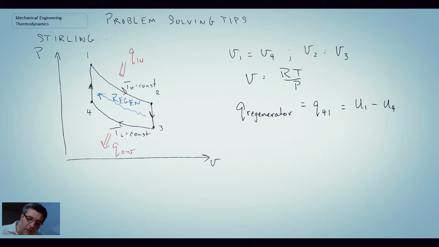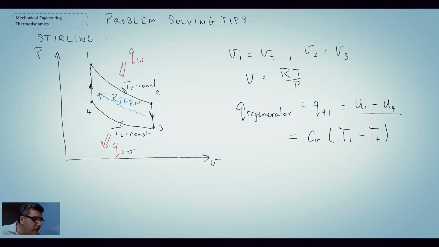So we would assume that to be equal to the heat transfer from 4 through 1, or from 4 to 1. And we can make the substitution. Here we have the change in internal energy between 1 and 4. And so what we can use is the expression of that, CV delta T.